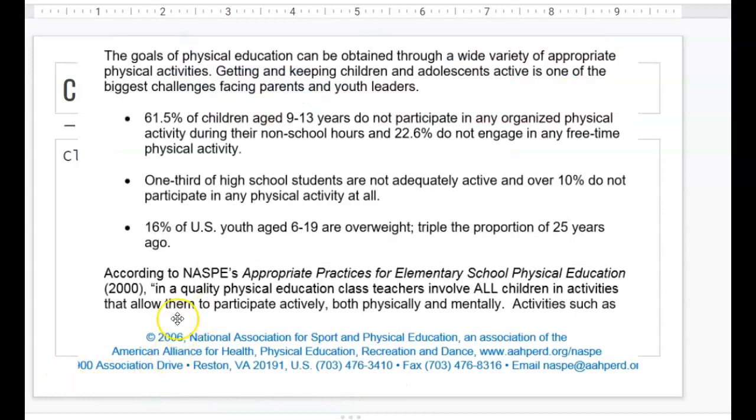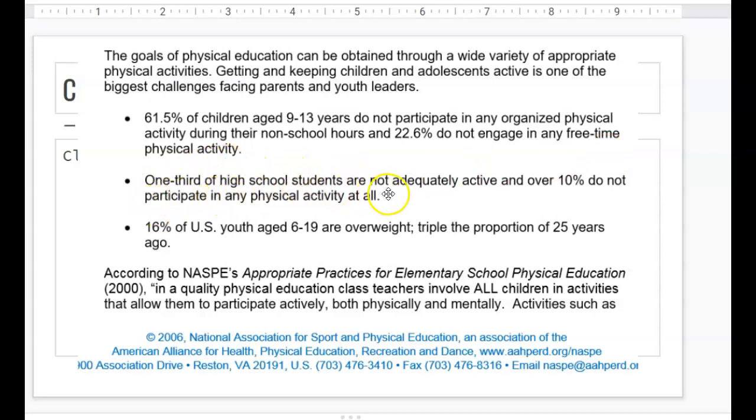Continuing on. The goals of physical education can be obtained through a wide variety of appropriate physical activities. Getting and keeping children and adolescents active is one of the biggest challenges facing parents and youth leaders. And then they give us some statistics here. 61.5% of children aged 9 to 13 years do not participate in any organized physical activity during their non-school hours, and 22.6% do not engage in any free time physical activity.